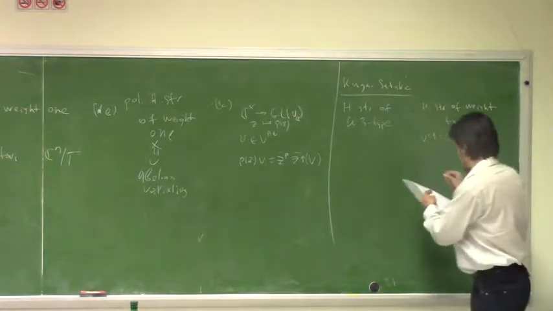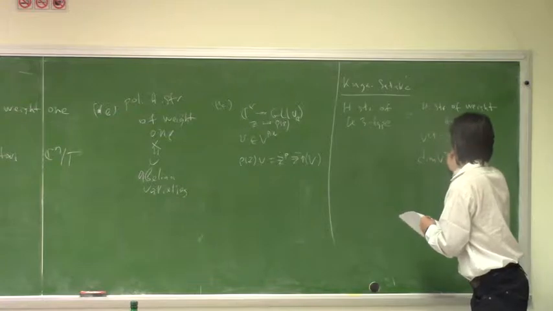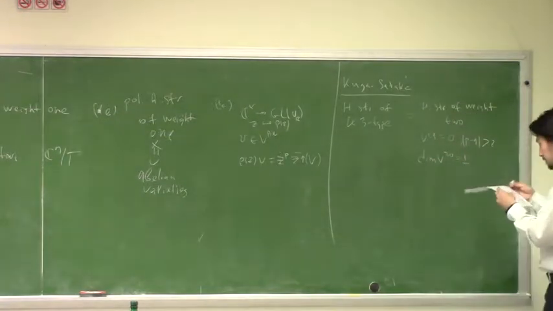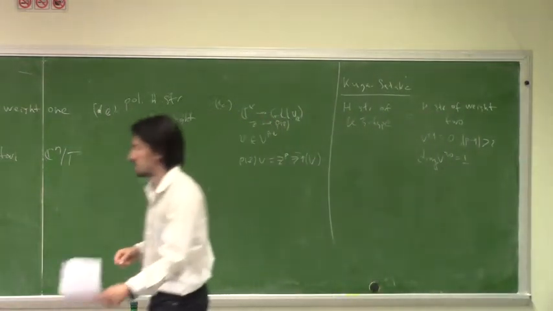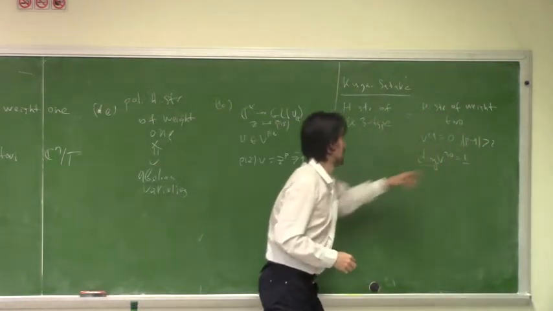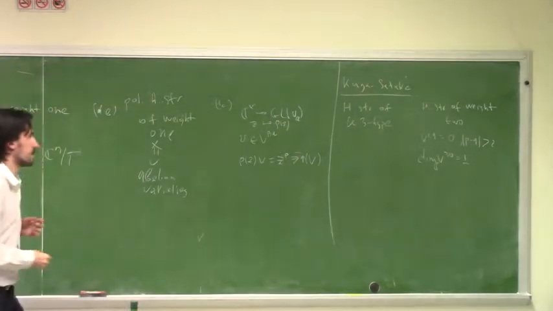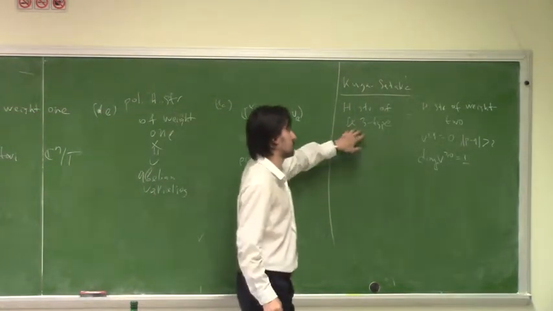The dimension of V^{2,0} is 1, and the same for V^{0,2} by the definition of Hodge structure. This is called a Hodge structure of K3 type.